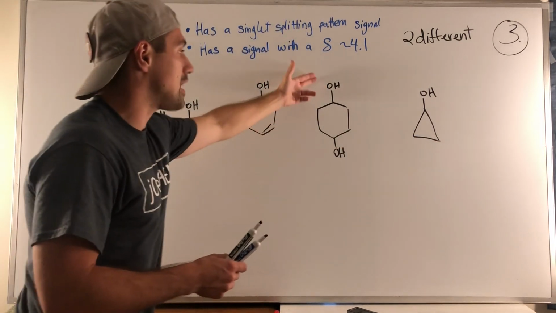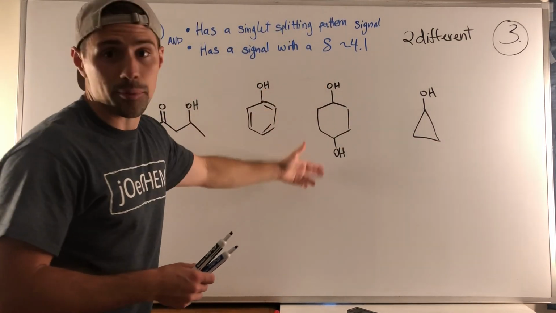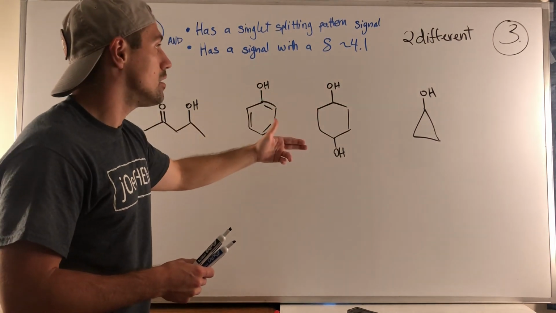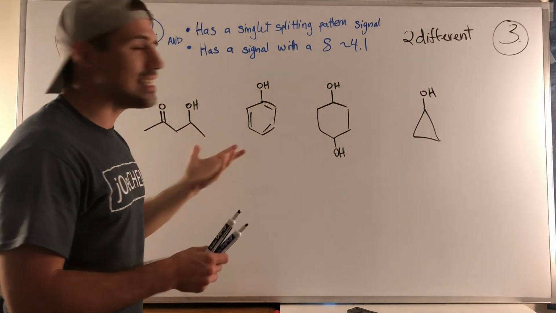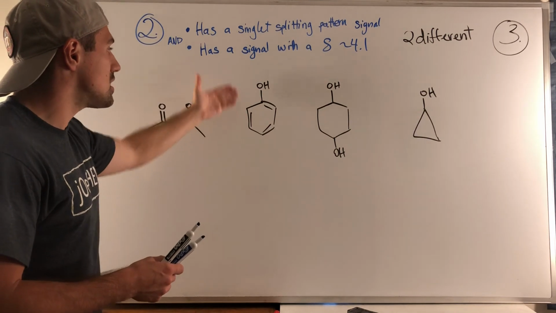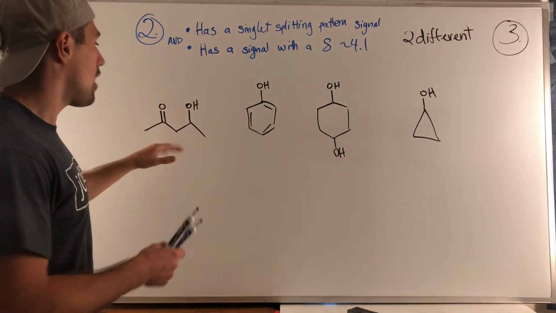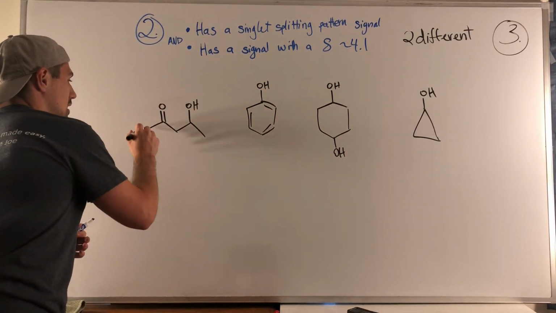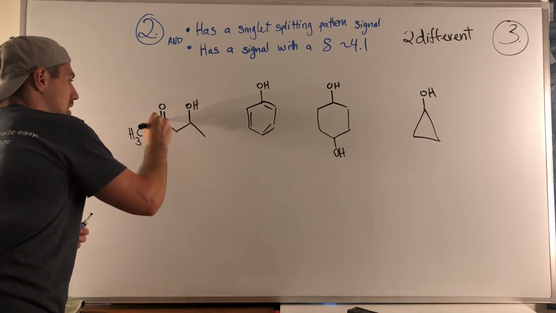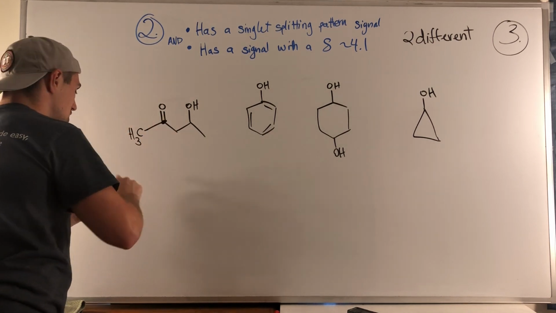So here we have the alcohol. There's going to be a singlet that represents both of these 2 hydrogens, but we don't see any singlets there. Here, we don't see any singlets as well, but I hope you're seeing here is that CH3 that has no neighbors right here. So this is our singlet.